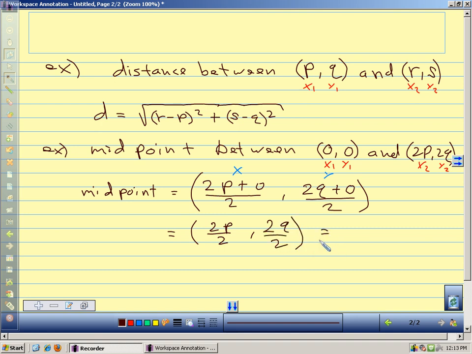And what happens to the 2's? They all cancel, right. So I get the point P, Q. And this is my x, and this is my y. So the point PQ would be the midpoint between 0, 0 and 2P, 2Q.